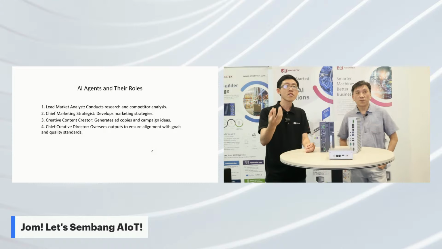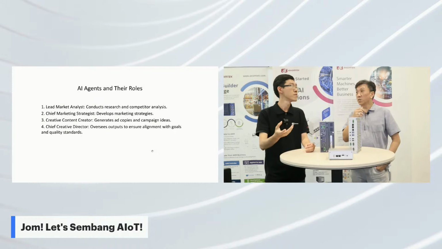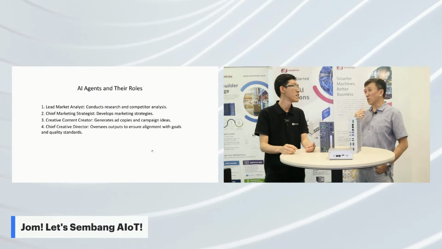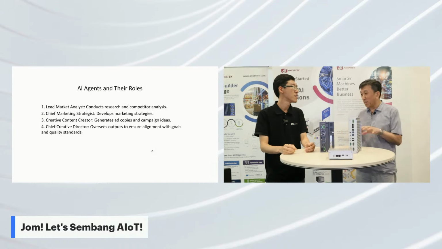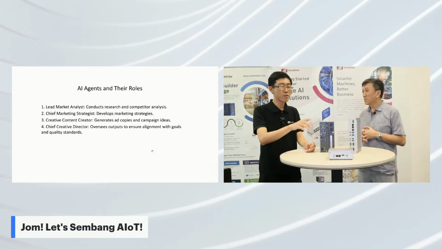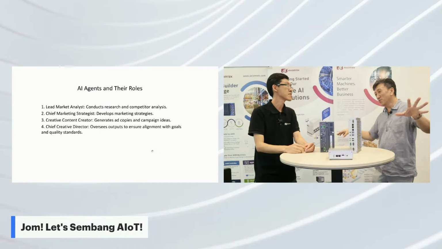Then the output will be passed to the chief marketing strategist. It gives it to the chief marketing strategist, not back to the crew. That means agents can interact among themselves. Actually, the crew already instructed the lead market analyst, pre-programmed it to do it that way.